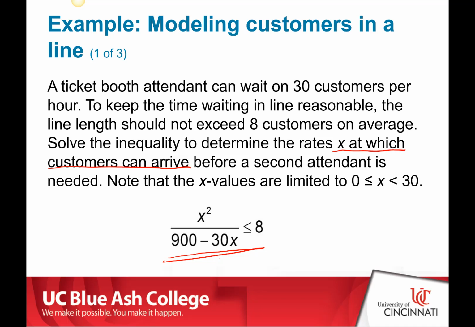Opening up a second window is expensive because now you've got to have a whole second set of equipment, don't you? Whatever's at the first window, computers, etc., has to also be at the second window. Plus, you got to hire a second person. Okay? So it gets expensive as soon as you hit 2, and you want to keep it at 1 as long as possible without customers becoming negative. It's a delicate balance.